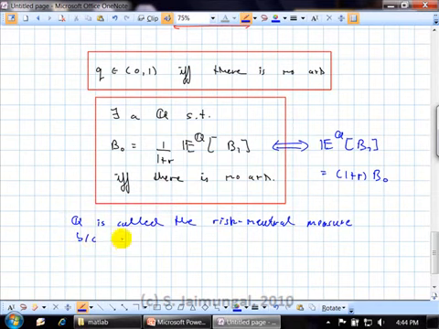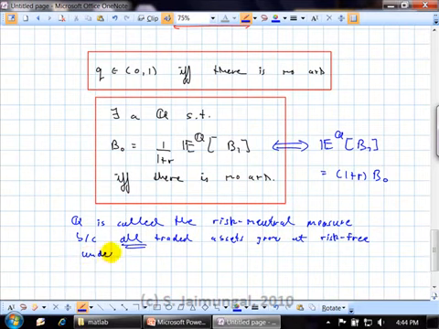Because remember, nothing special about B, all traded assets, they have to be traded, right? Grow at the risk-free rate under the risk-neutral measure.